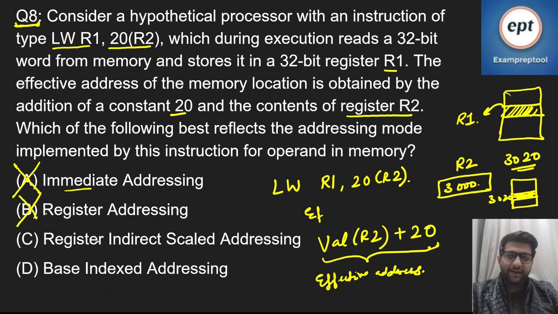The third one is register indirect scaled addressing. This is also wrong.